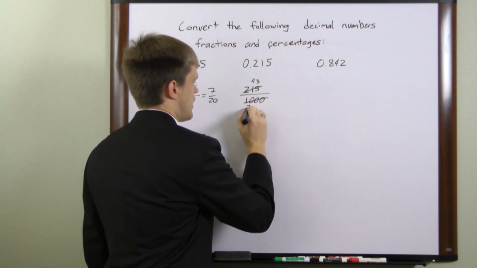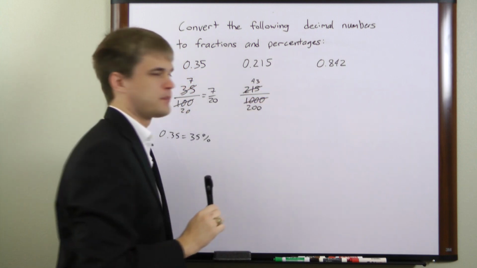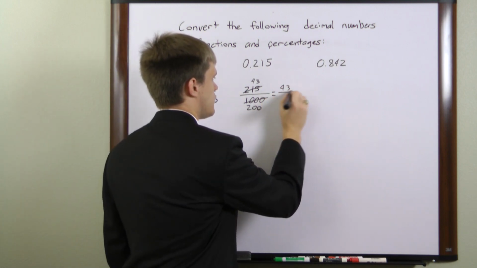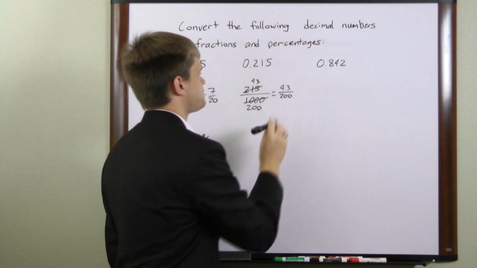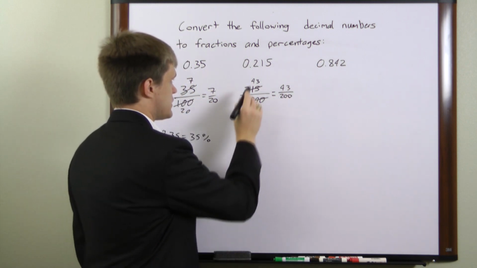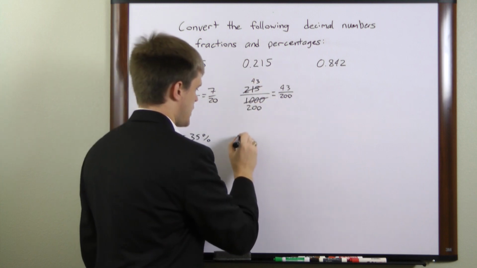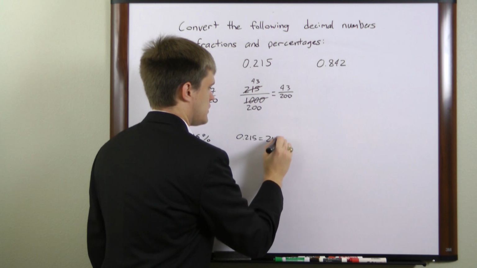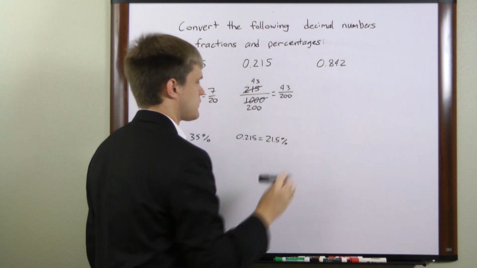And 1,000 over 5 is equal to 200. So this fraction is the same as 43 over 200. To convert to a percentage, we can just move the decimal point 2 places to the right. So 0.215 is equal to 21.5%.